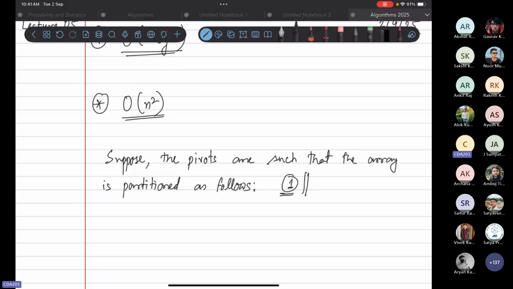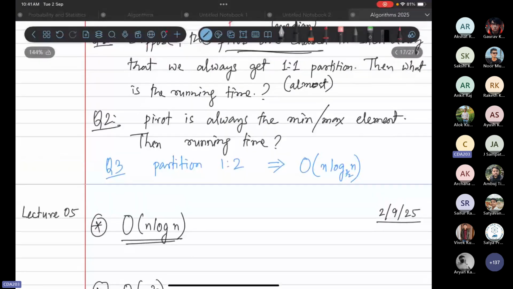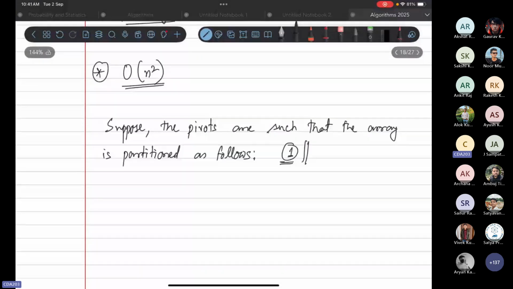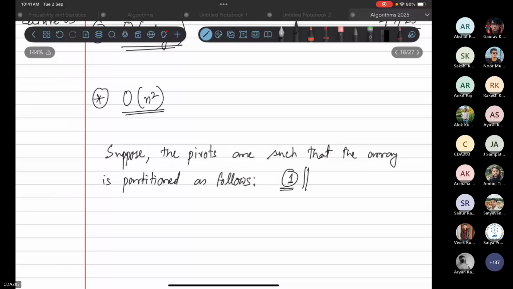So if I had chosen the pivot to be the minimum or maximum, what was the size of the left subarray? Suppose I chose the minimum one, then the left subarray was of size 0, and n minus 1 elements were in the right subarray. Suppose I choose the second minimum.